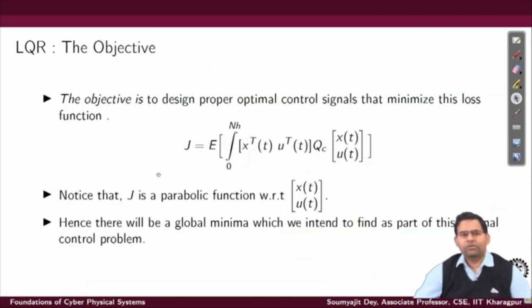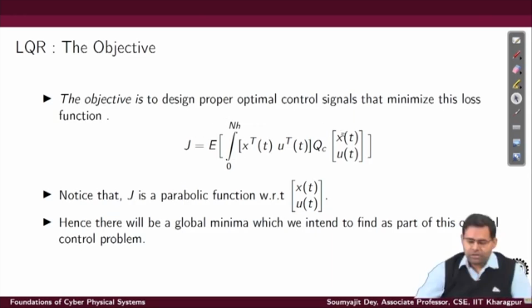That is why we say that the objective here is to design suitable optimal control signals that minimize this loss function, and the loss function is nothing but the expectation of this integral from 0 to nh, this analytical form that we have.